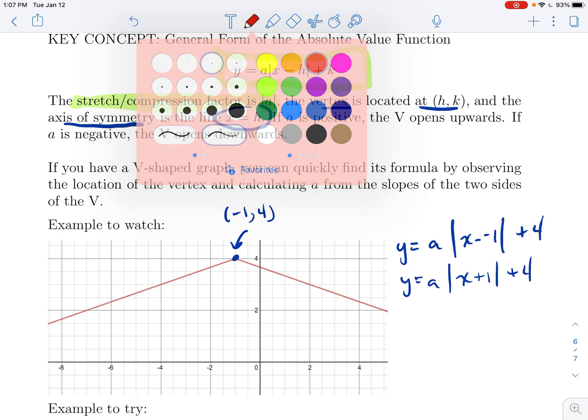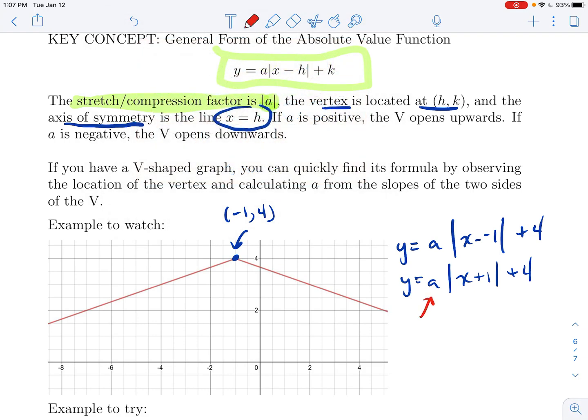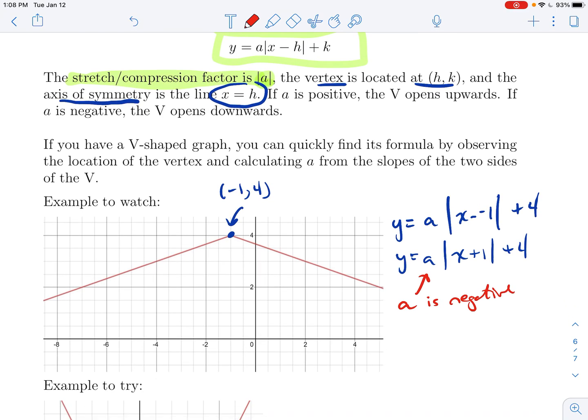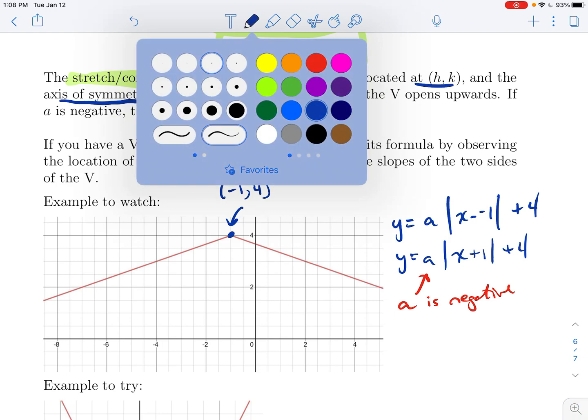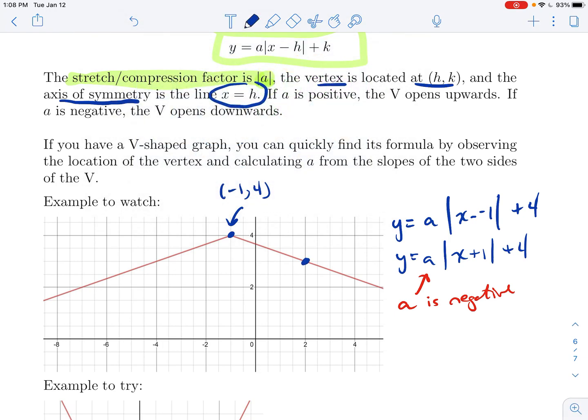Now, we need to figure out A. Because we're opening downwards, we can say that A is definitely negative. And how big it is has to do with slopes. So what we might notice, for example, is that this is the point 2, 3.